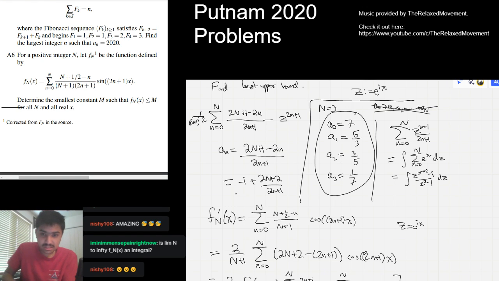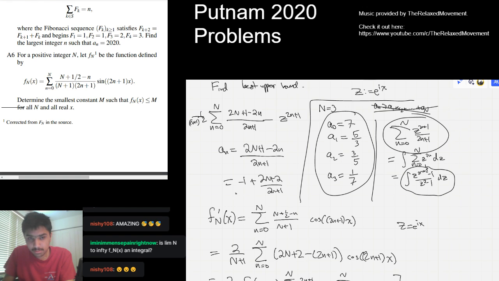But then the question still becomes, how do I evaluate this sum, even when z is a 2n plus 2th root of unity? Still extremely unclear how to evaluate this sum. And this integral seems pretty intractable to me.